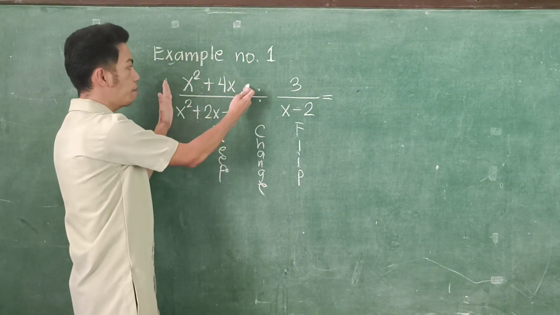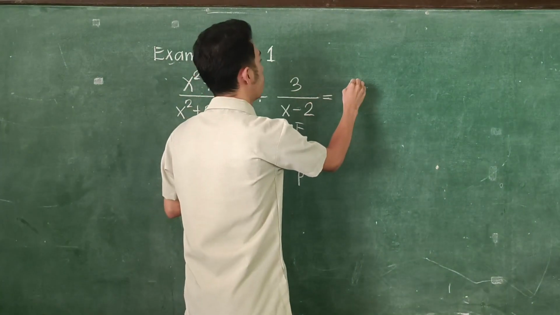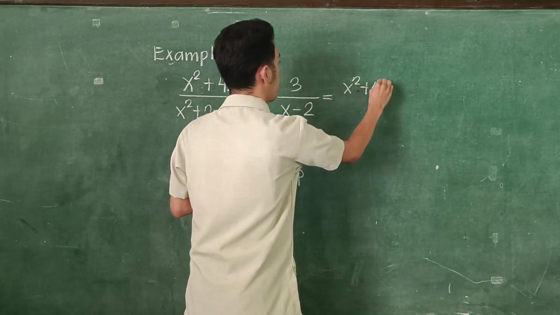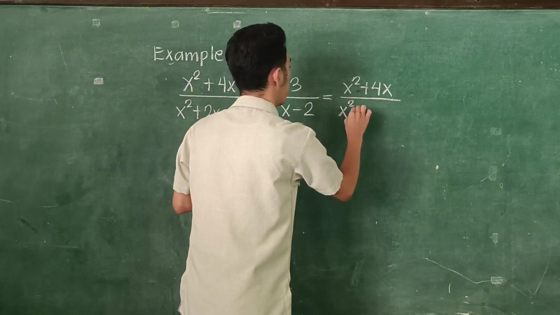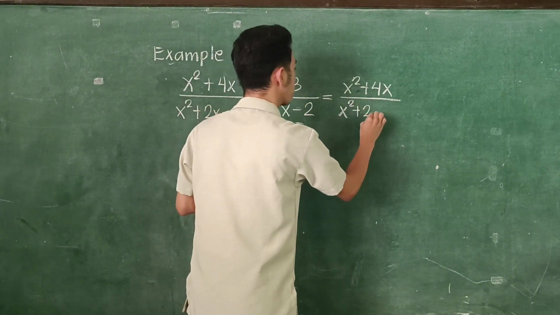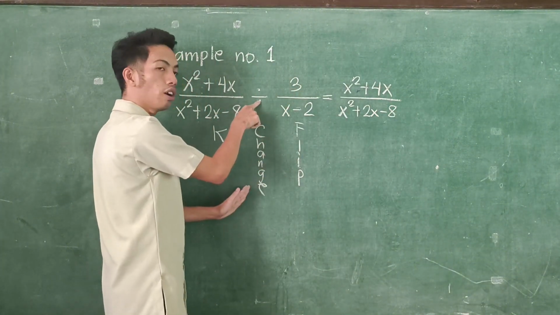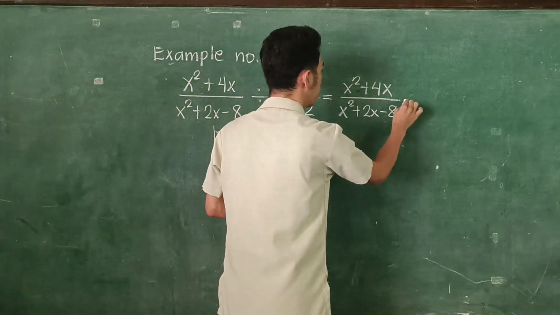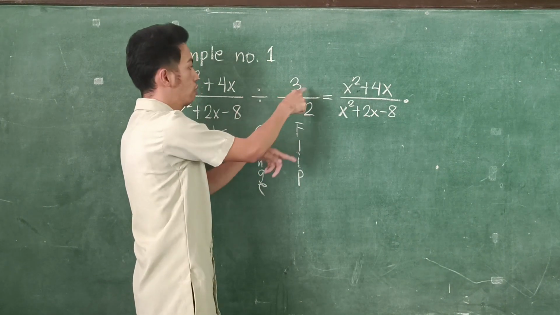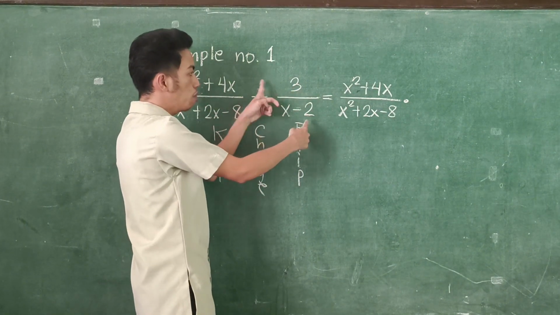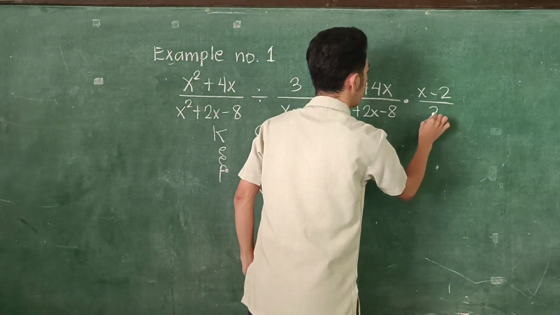Keep means we will just copy the expression or the dividend. We have x squared plus 4x over x squared plus 2x minus 8. Then change the operation into multiplication and flip the divisor. So we have 3 over x minus 2, magiging x minus 2 over 3.